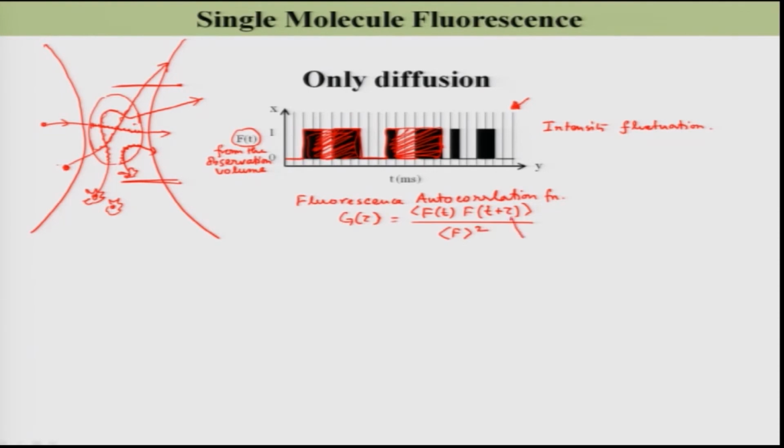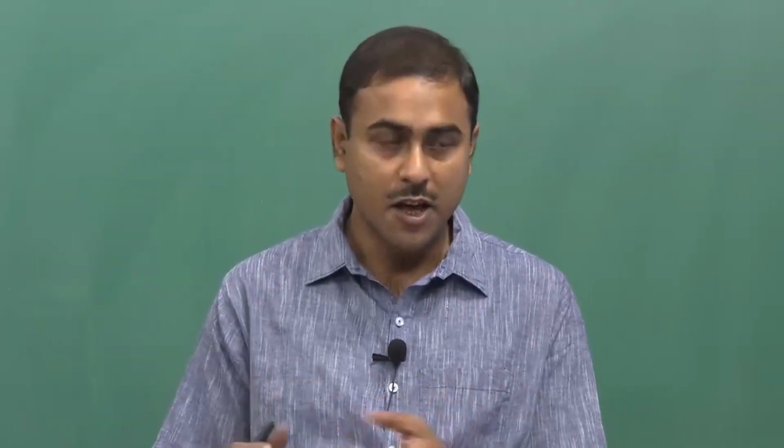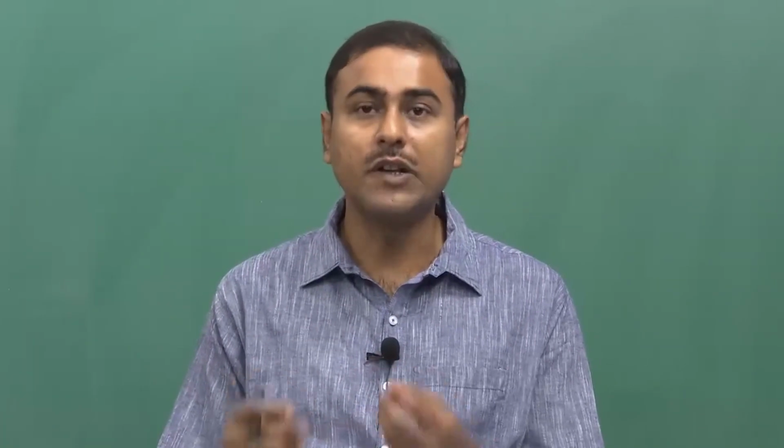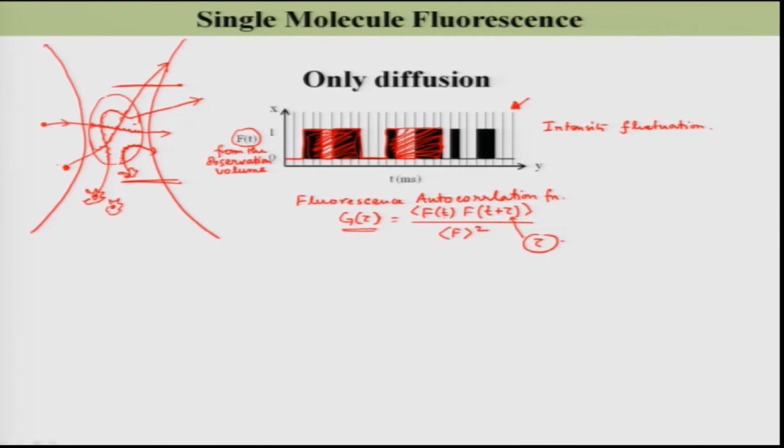Now if you change this tau value, the fluorescence intensity at time t and time t plus tau will be very similar if tau equals 0. That means the fluctuation will be very similar because f(t) and f(t) are the same, right. But when I change this tau from 1 tau to 2 tau, if I give 1 microsecond, 2 microsecond, 10 microsecond, then the self similarity will be lost, and you will get a lower value of g tau. So g tau will start from a high value and it will ultimately go to 0 when the value of tau is very large.